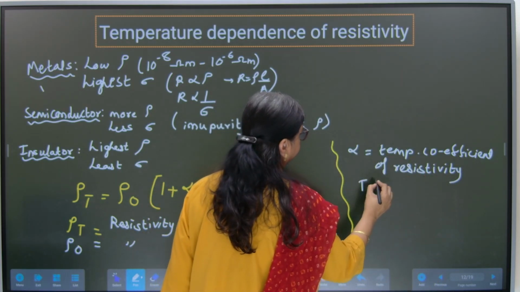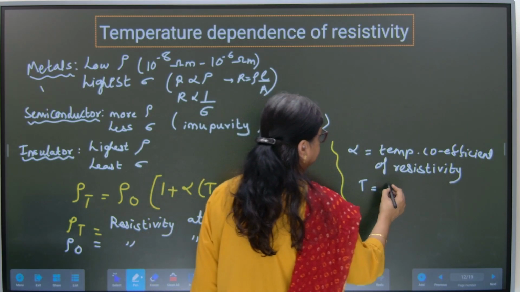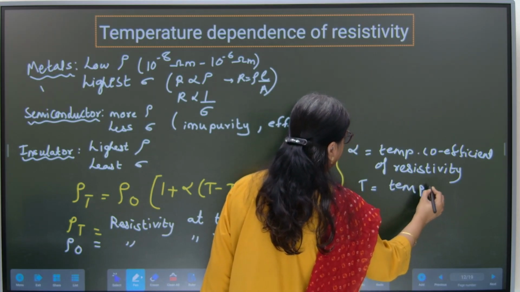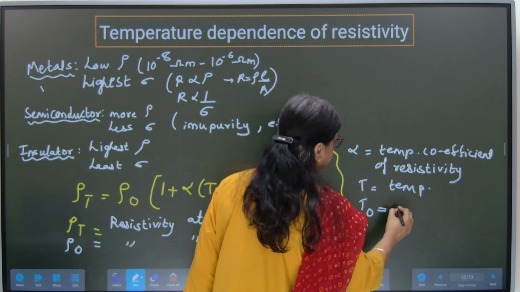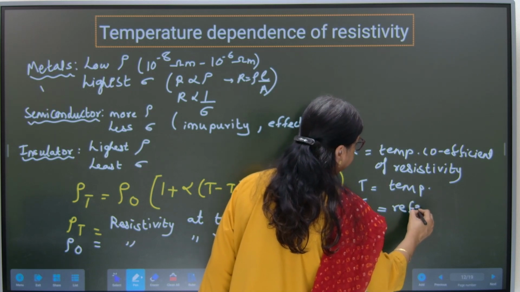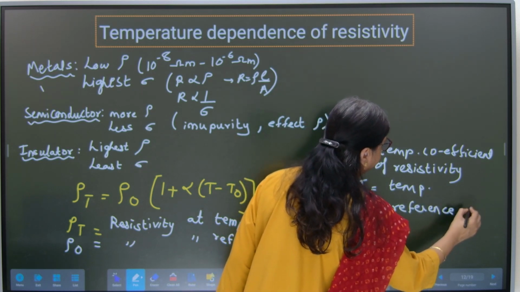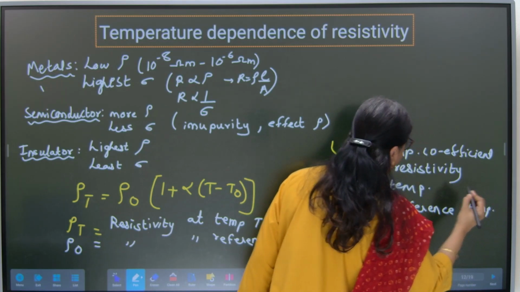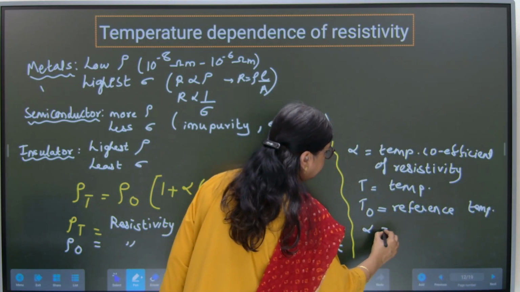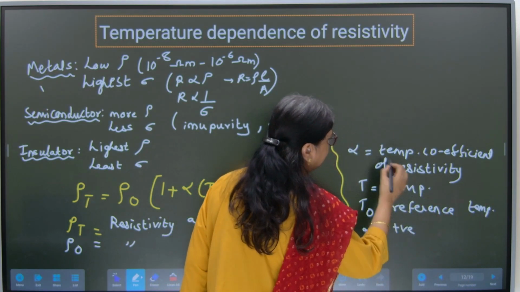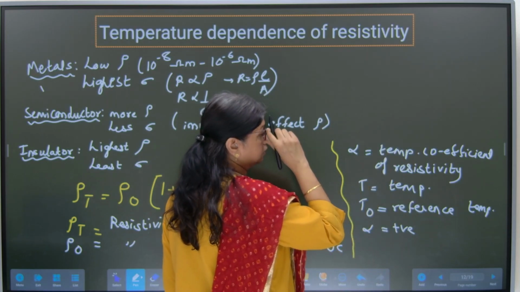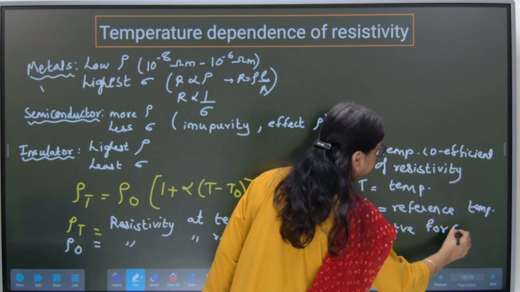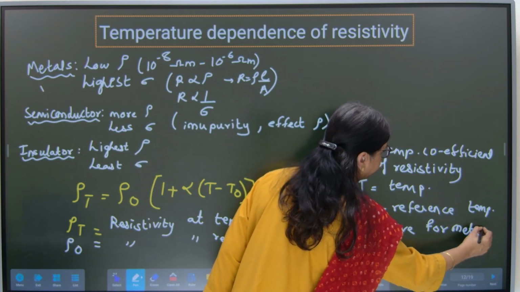T is the given temperature that I have already mentioned, given temperature, and T naught is the reference temperature. Alpha is always positive, that is the temperature coefficient of resistivity is always positive for metals.